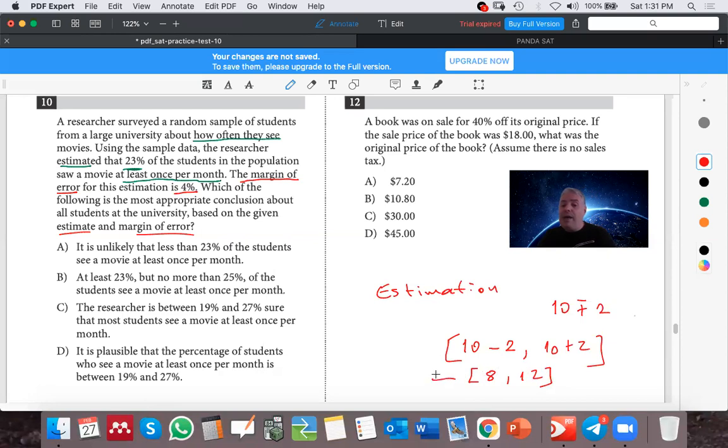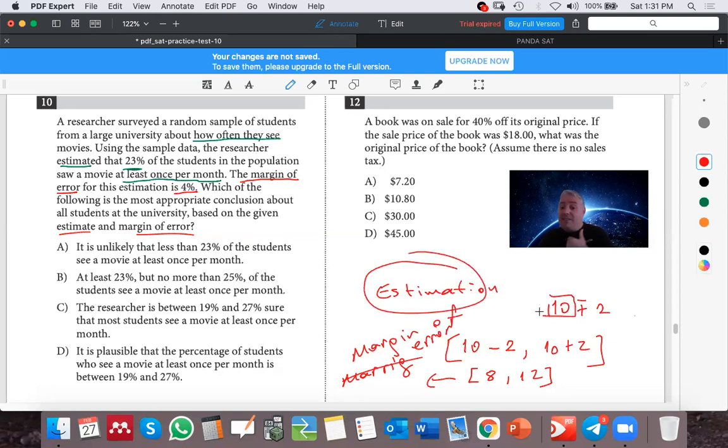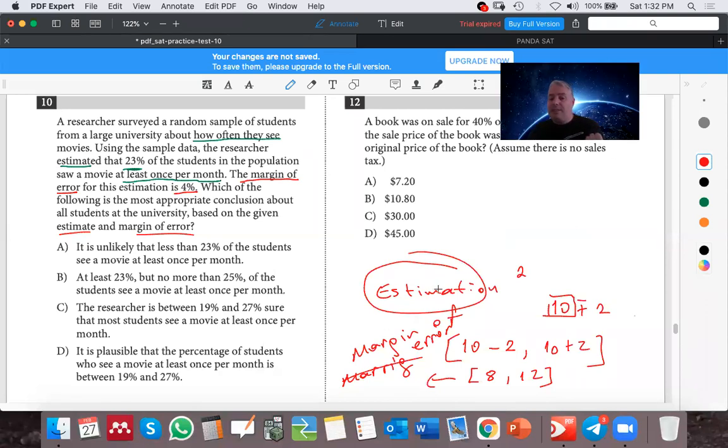So this is my margin of error. What does it mean? My estimation is 10, but this estimation may be wrong. If it is wrong, what is the percentage of the error? It is given in the question, for example, 2. It means that plus minus 2 is acceptable for this estimation.